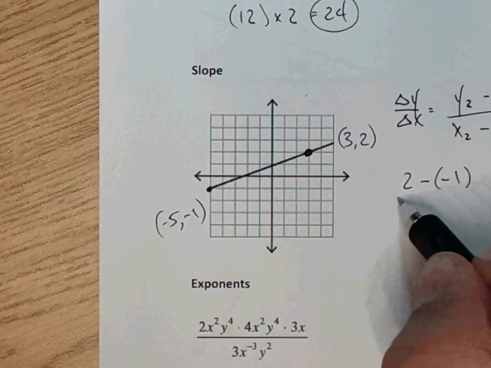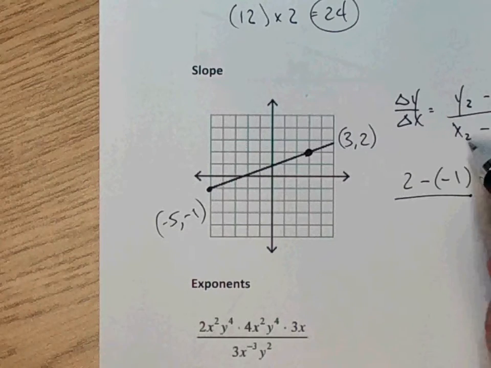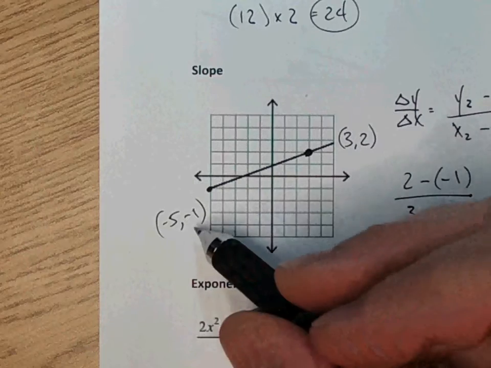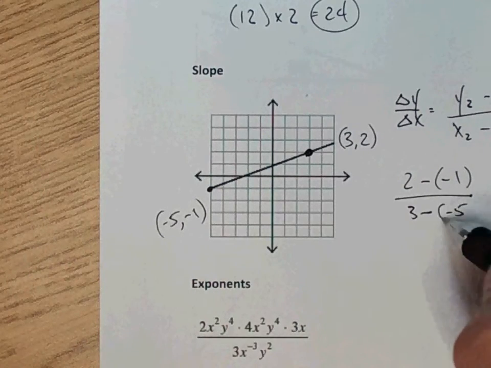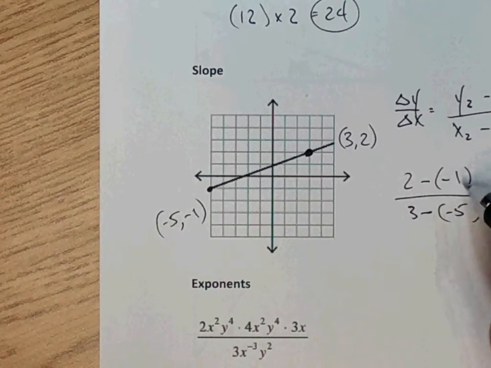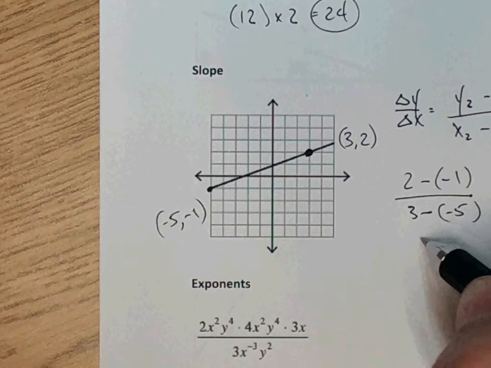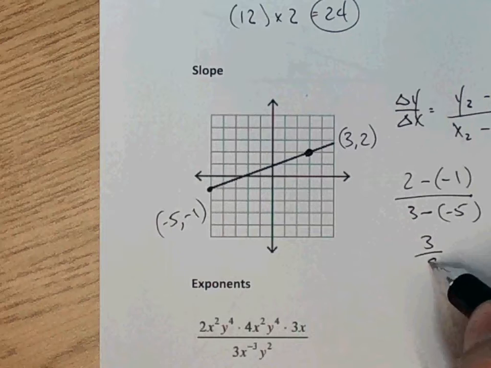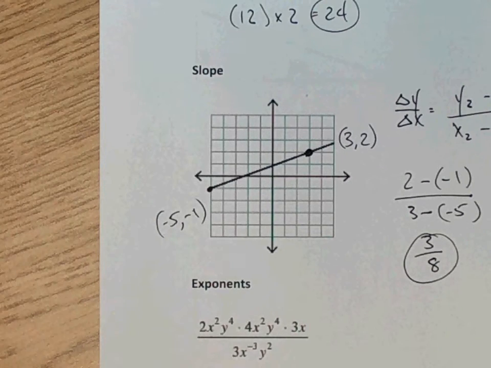So 2 minus a negative 1, and then on the bottom the second x is 3, and then we're subtracting from that the first part, which is negative 5. So 2 minus negative 1, or 2 plus 1, is equal to 3. 3 minus negative 5, or 3 plus 5 is 8. So our slope is 3/8.